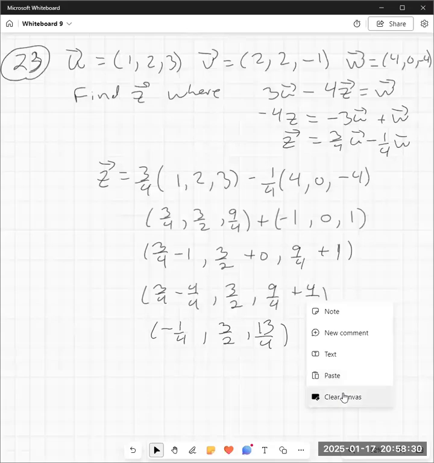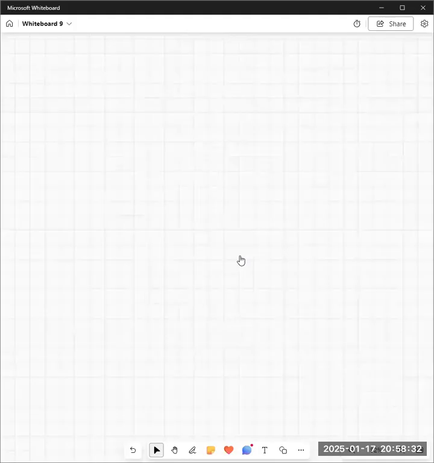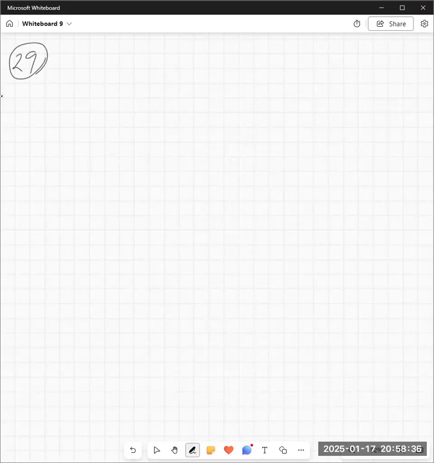Number 29 is the next problem. We have vector u equal to 4, 0, negative 3, 5, and vector v equal to 0, 2, 5, 4.